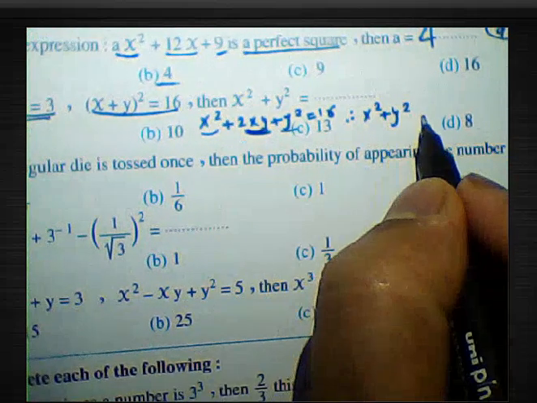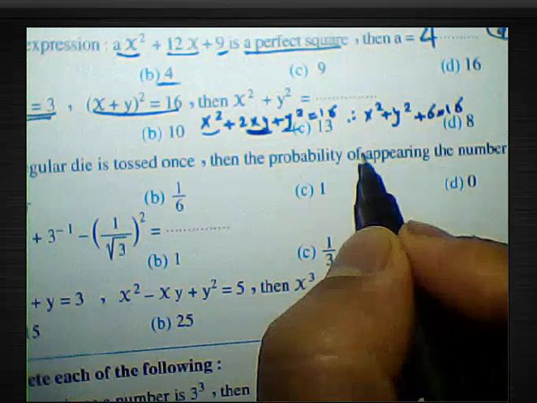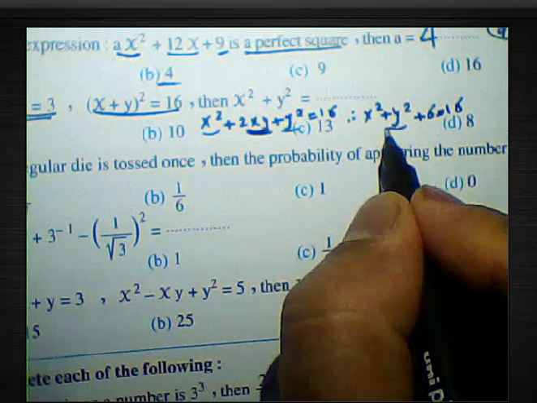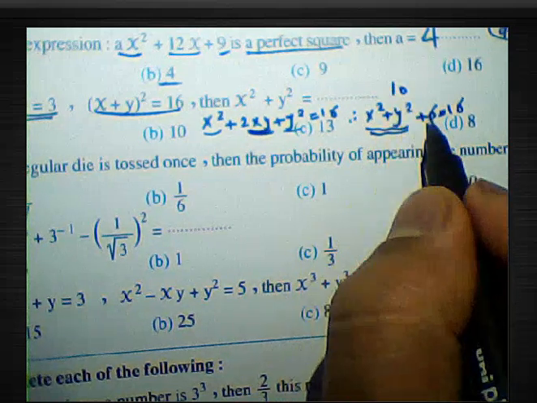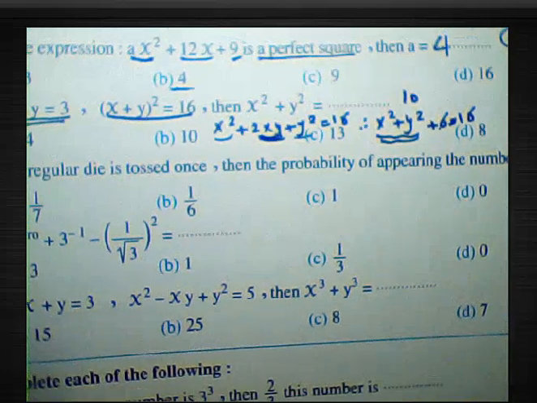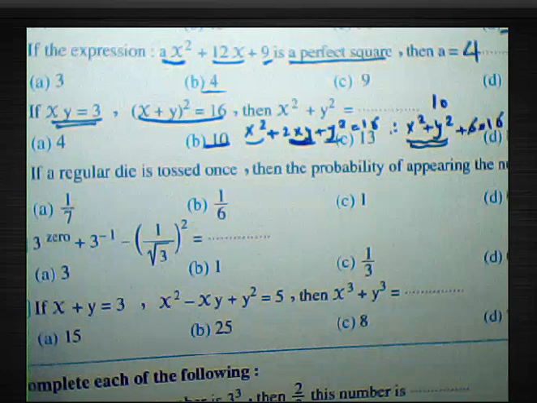Write 6 here, equals 16. Okay, then x power 2 plus y power 2 will equal 10, because 10 plus 6 equals 16. Understood? Choose letter B about this example.